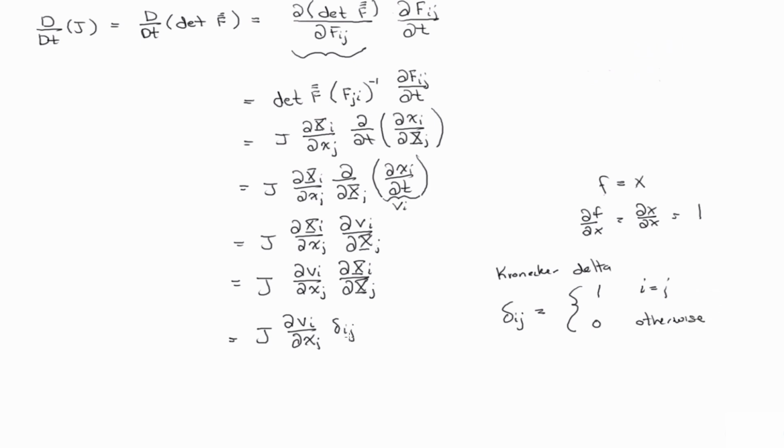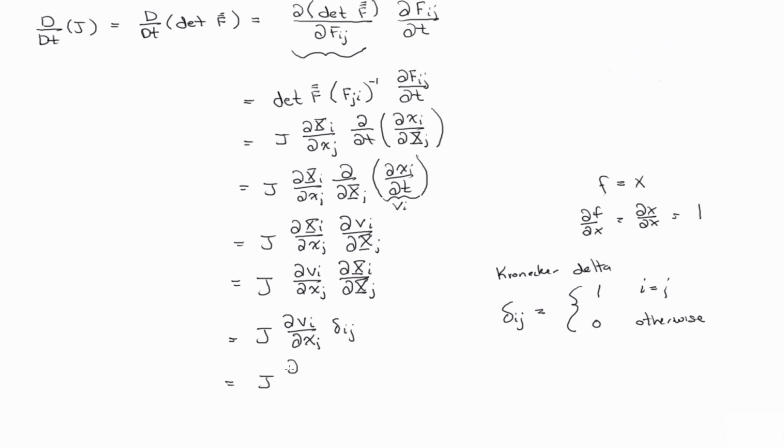And so with that logic in hand, we can use this Kronecker delta function to switch the indices of one of the two, it doesn't matter which one, either the i or the j here, to get rid of the Kronecker delta right there.